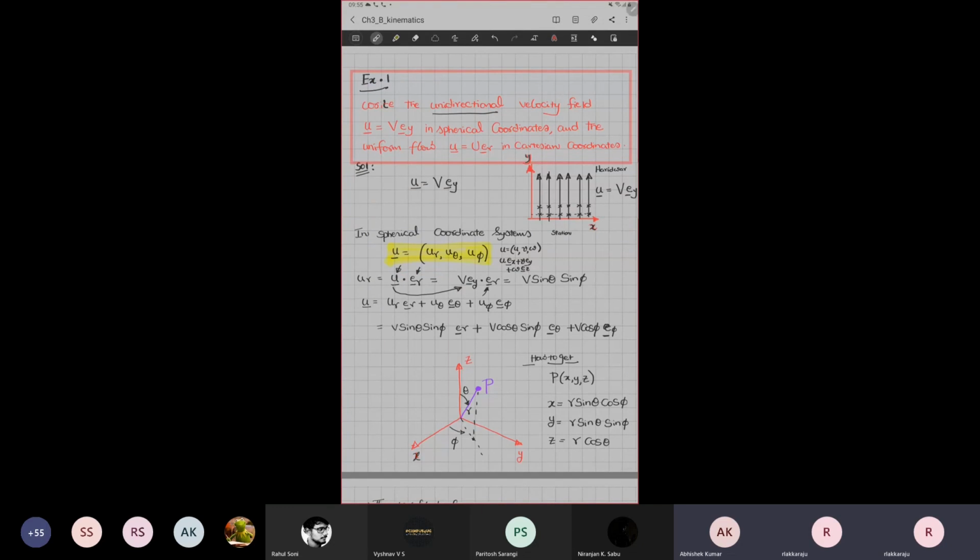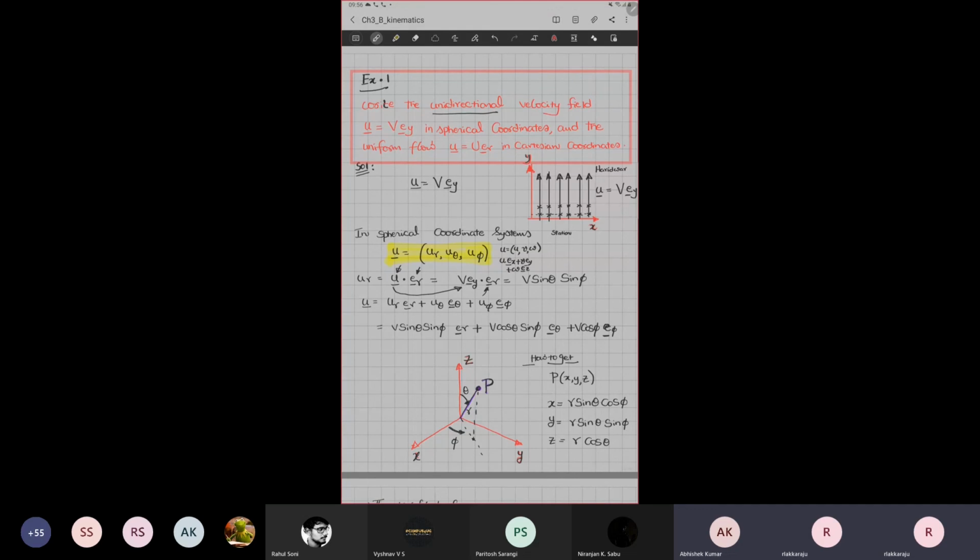If I am visualizing the X coordinate, Y coordinate, and Z coordinate, something like a point P here, and this is the radial coordinate. X is equal to the projection of R. So now I have to fix this in terms of coordinates. Theta is measured from the Z direction, and phi is measured from the X axis.